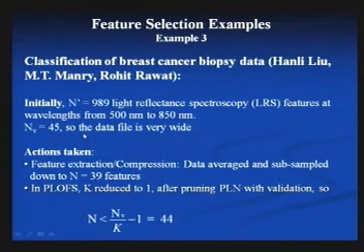So if you think about it, that's an extremely wide file, right? We'd have basically 989 columns of features, but only 45 rows. So that's a big problem. So what Rohit did is to average consecutive groups of the wavelengths and subsample the features down to 39.